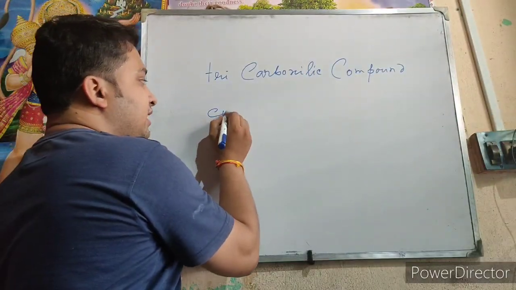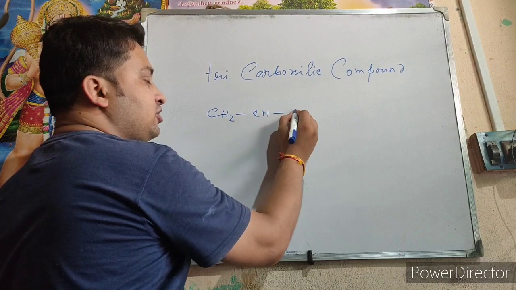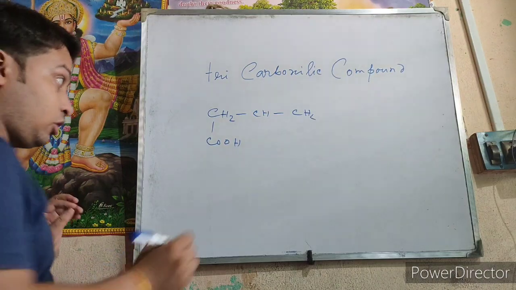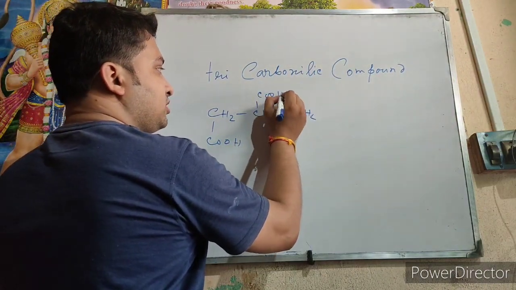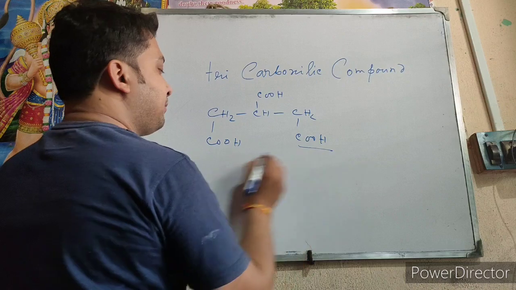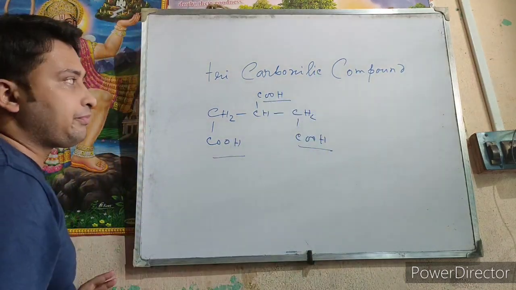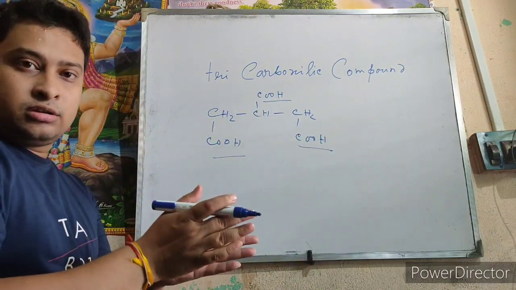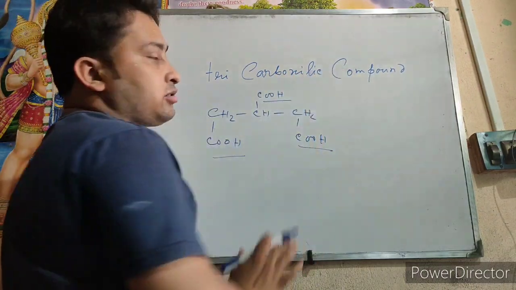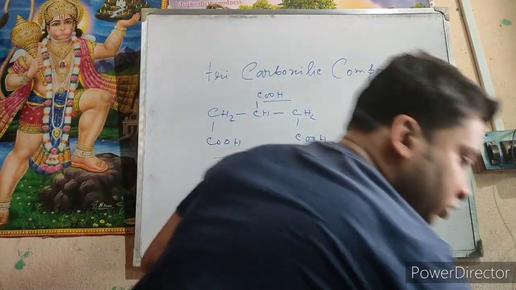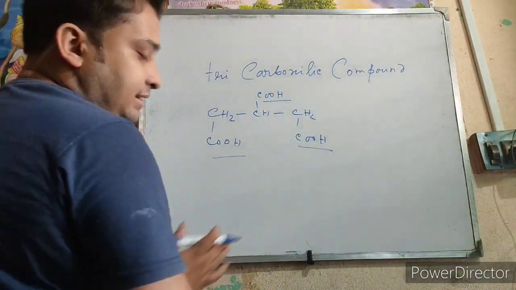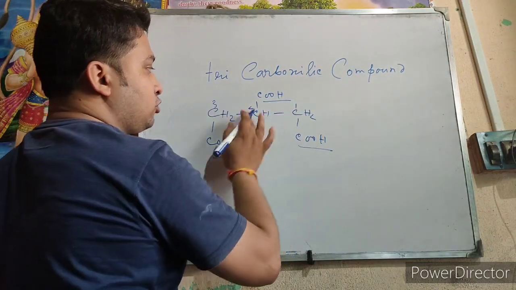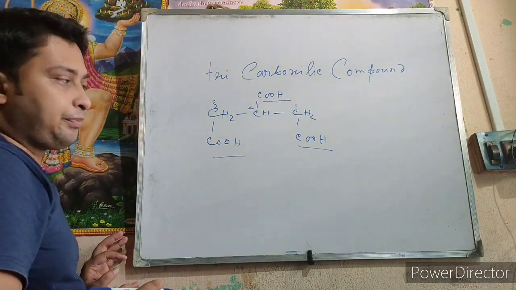It may be CH2 with COOH on this position, or you can write COOH in this position and COOH. So the number of COOH equals 3, which means it is a tricarboxylic compound. This is called 1, 2, 3 tricarboxylic propane.